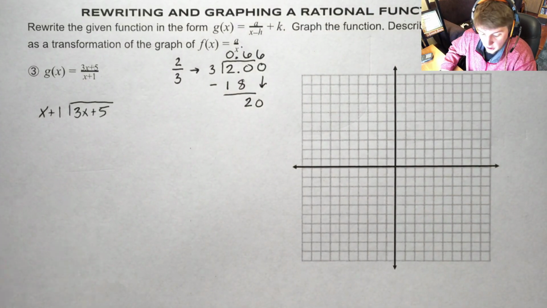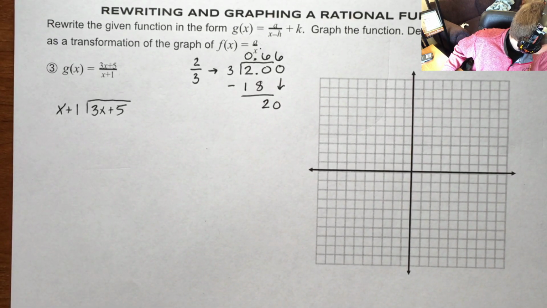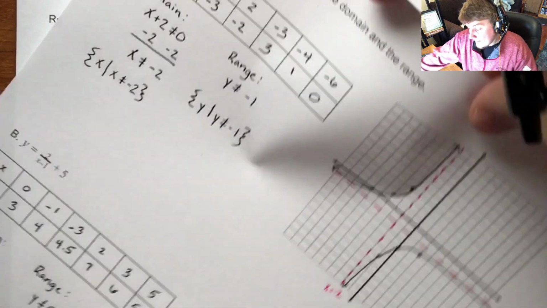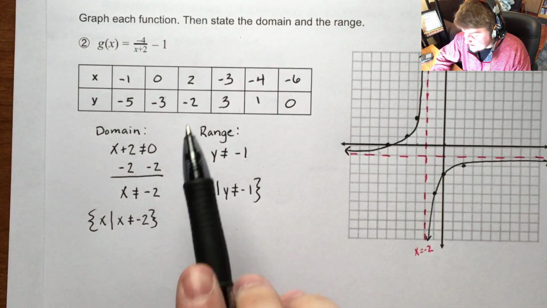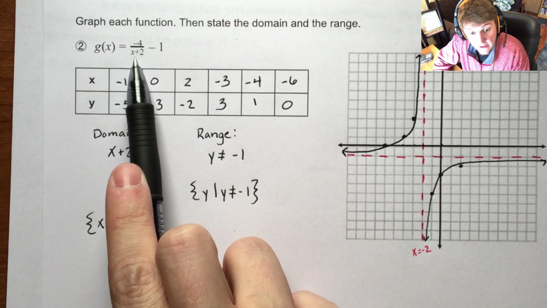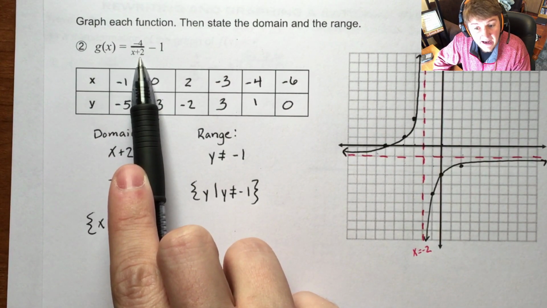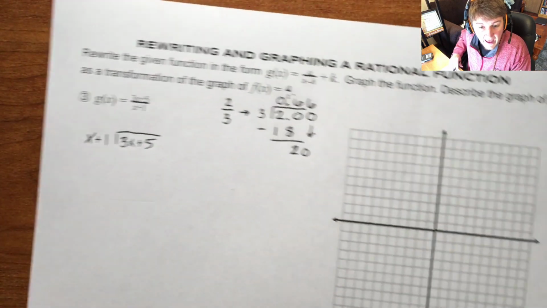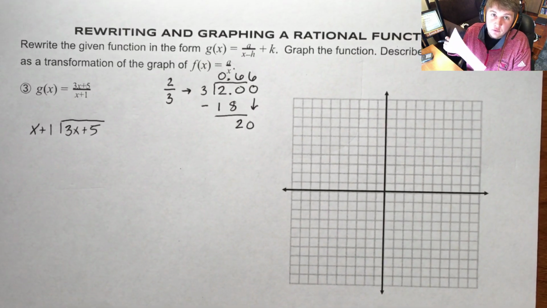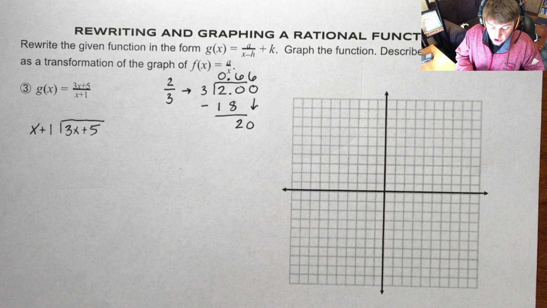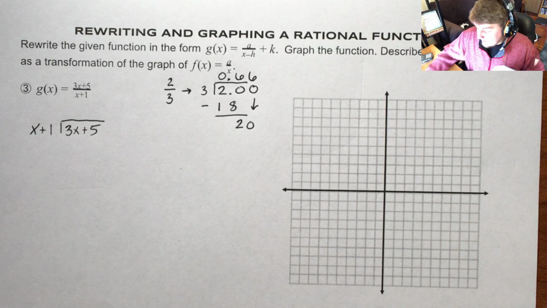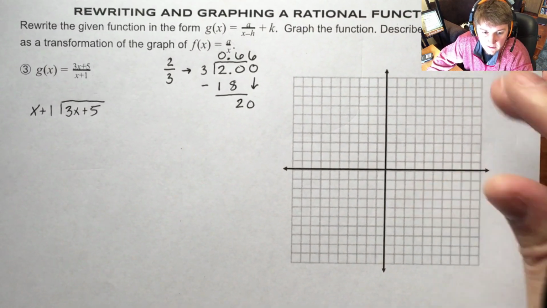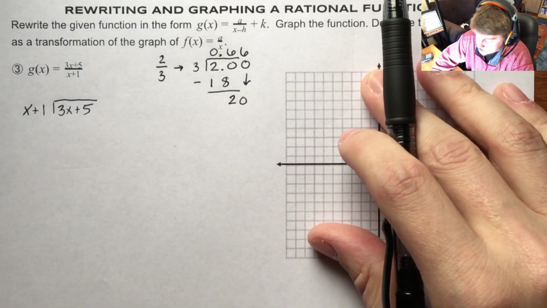When our graphs are in the other form that we just dealt with, it's easier for me to see things like where the asymptote is being translated: left 2, down 1. As opposed to this one, where I'm not really sure how the asymptote is being transformed because I have x variables on the top as well. So we're going to rewrite this in an equivalent form by doing long division.